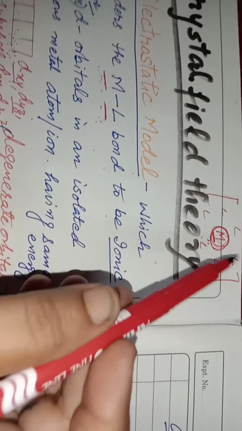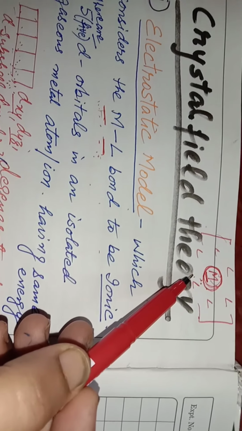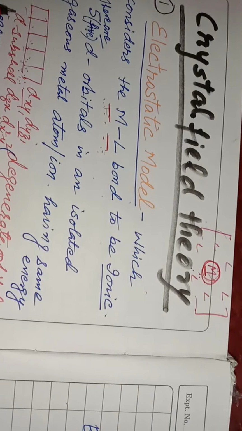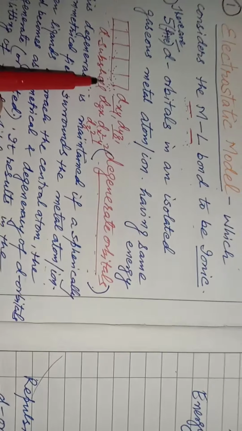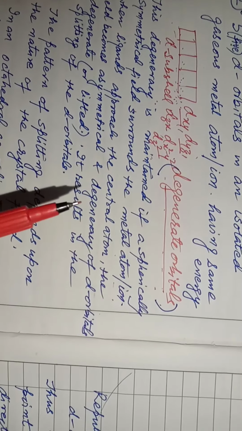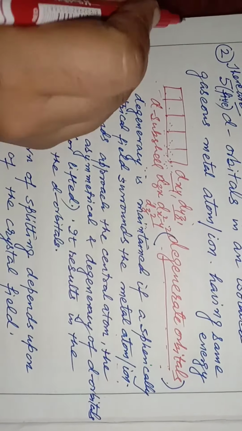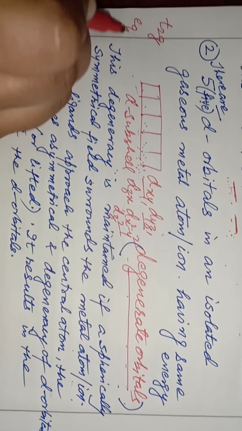In short, we may say that when ligands approach the central metal atom, the 5 d orbitals which earlier had the same energy are now no more of same energies. These 5 d orbitals split into two groups, and according to spectroscopy the groups are T2g and Eg.